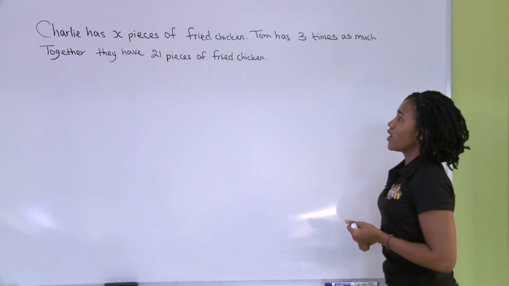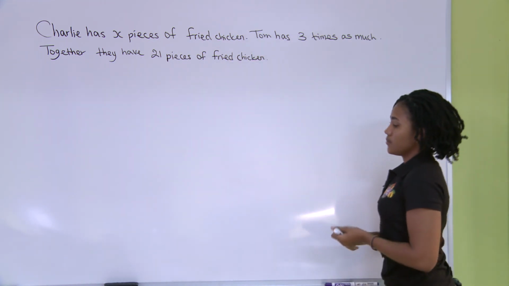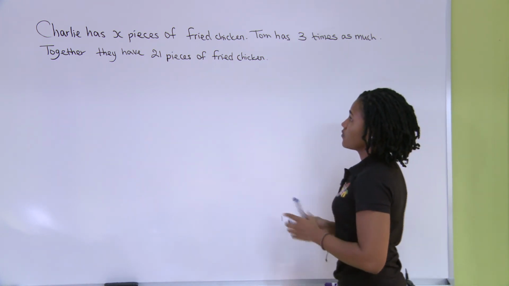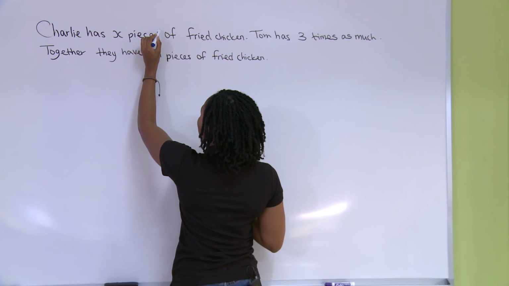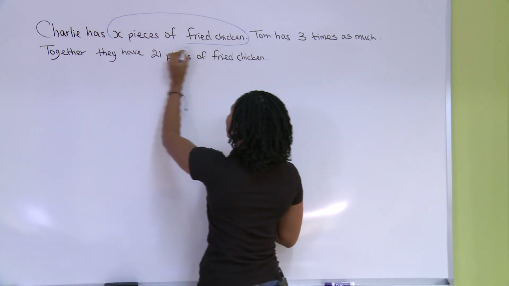So what we're going to do now is break up the scenario into pieces. So my statement says Charlie has X pieces of fried chicken.